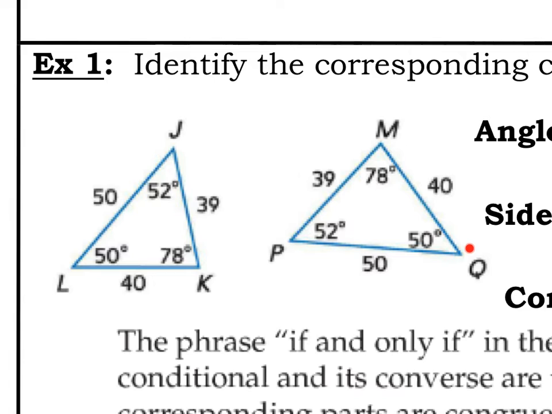And so for your congruency statement, it doesn't really matter the order you choose to mention your first triangle, but you've got to match it with the second one. So I'll say something like triangle, I'll go from smallest angle to biggest, so triangle LJK, right?